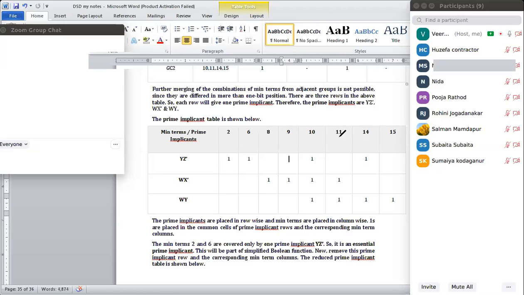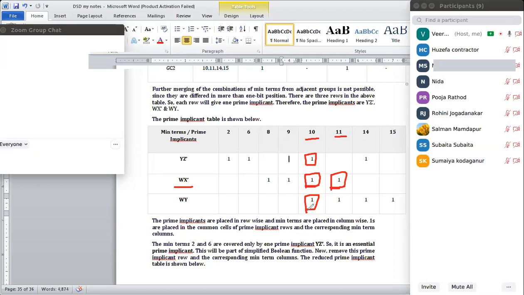Then now check, 10 is there, 11 is there within this WX bar. So in the WX bar row, for minterms 10 and 11, I'm going to write 1. But these are also covered by YZ bar as well as WY.